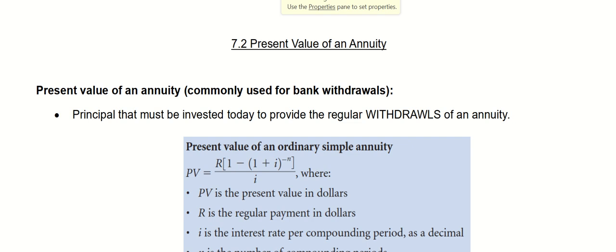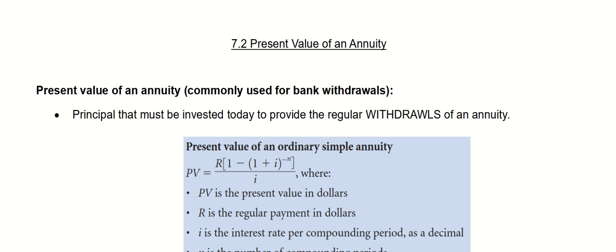Hey there. In this lesson, we'll be talking about the present value of an annuity. What is that? The easiest way to remember is that you are investing to provide for regular withdrawals.